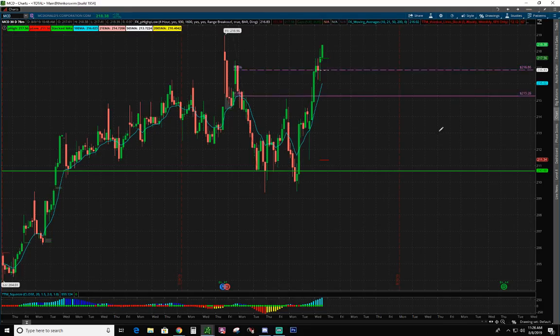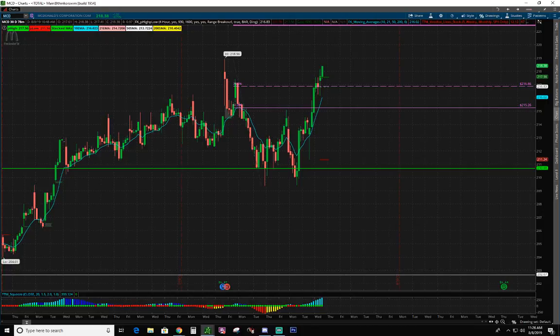Is it back above or inside the range? Oh yeah, there goes McDonald's.